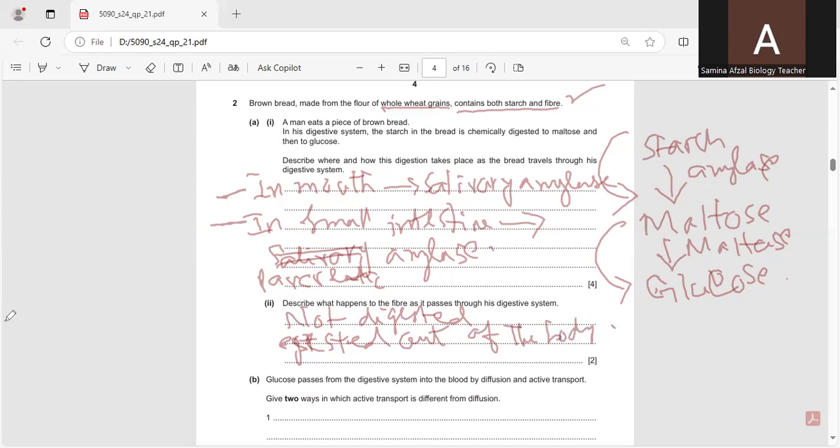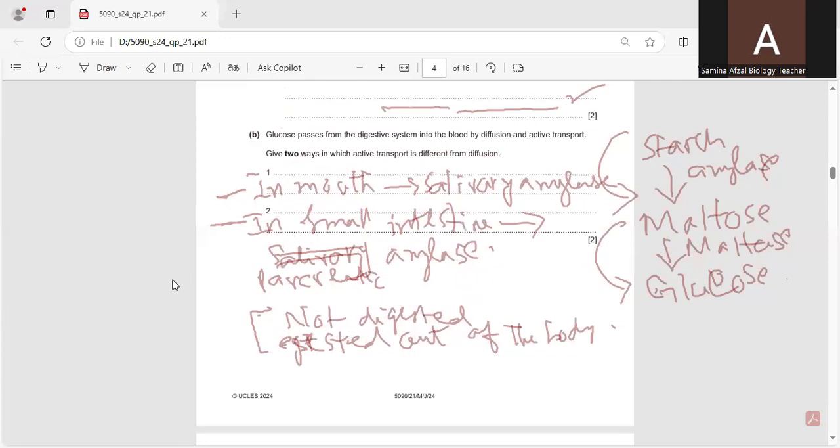The process by which the undigested material is removed out of the body is called egestion. So fiber is not digested, so it is egested out of the body.